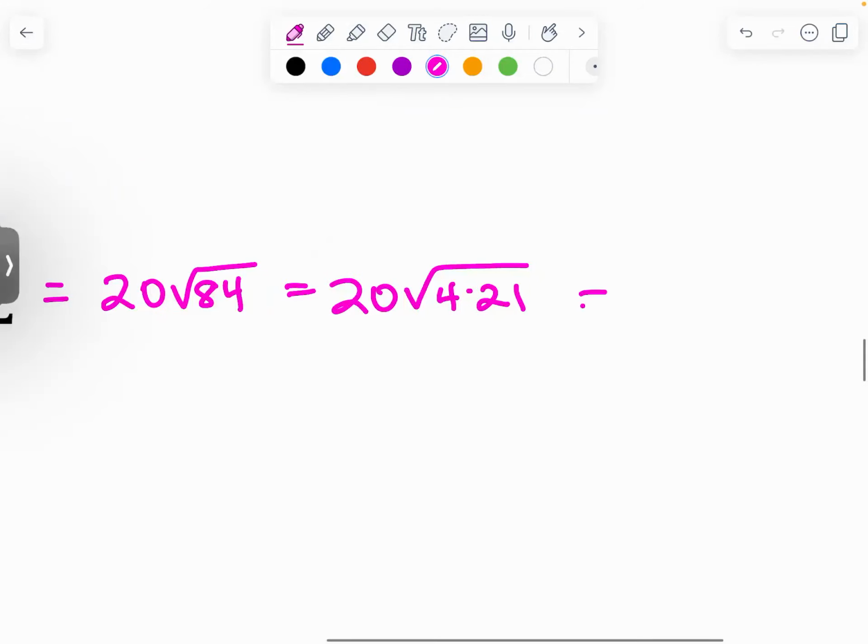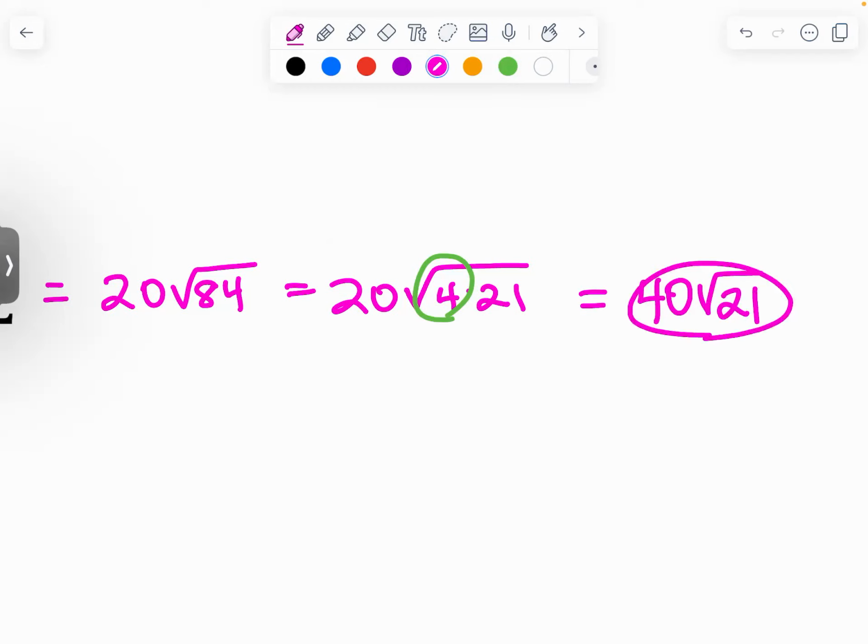Since the square root of 4 is 2, 20 times 2 is 40. So we have 40 square root 21. And that looks like what everybody got. So I want to make sure that you have this written down the correct way.